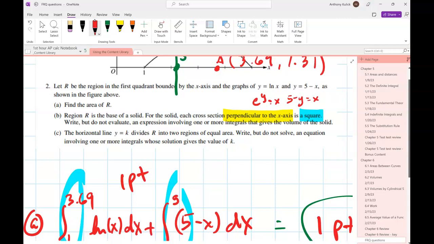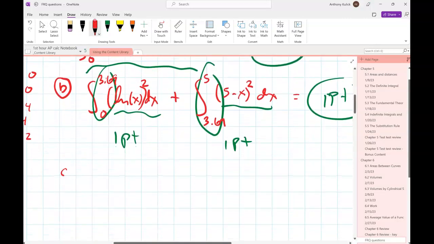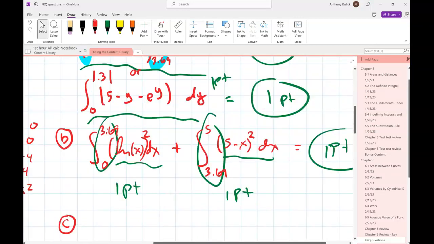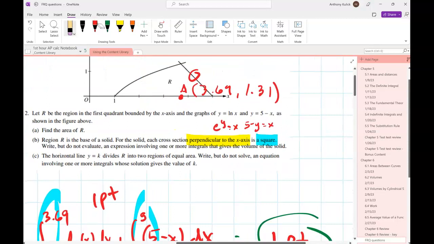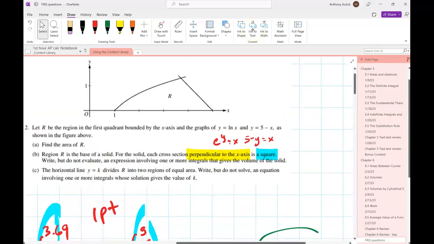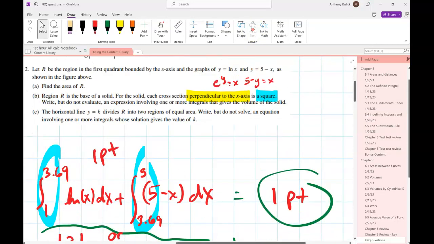I thought that C is actually the trickiest part of all between the two questions. So C says a horizontal line y equals k divides this region into two regions of equal area. Let me recopy that in there.